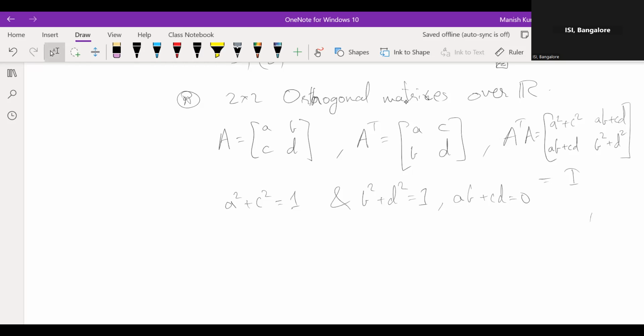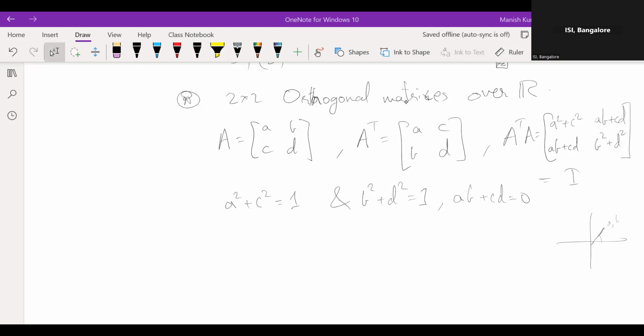Any vector in R2 whose length is 1 looks like (cosine theta, sine theta), where theta is the angle, between 0 and 2 pi, strictly less than 2 pi if you want uniqueness.